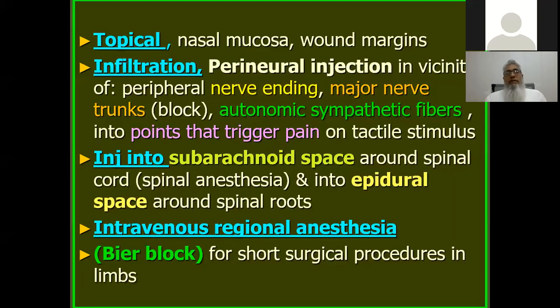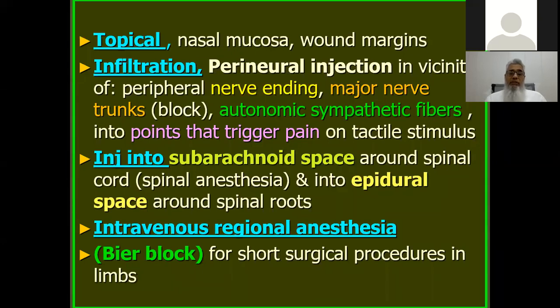Local anesthetics can be used topically on skin or in the mucous membranes. And the second, most commonly, these are used as infiltrating locally by injection into the skin, into the dermis, and they can also be used in the subarachnoid space.